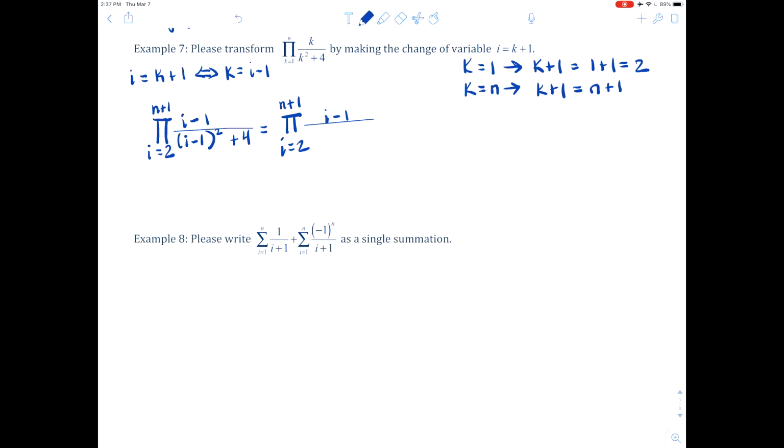And then in the denominator, we'll have i squared minus 2i plus 1 plus 4. So that in turn will be i minus 1 still over i squared minus 2i plus 5. Cool?